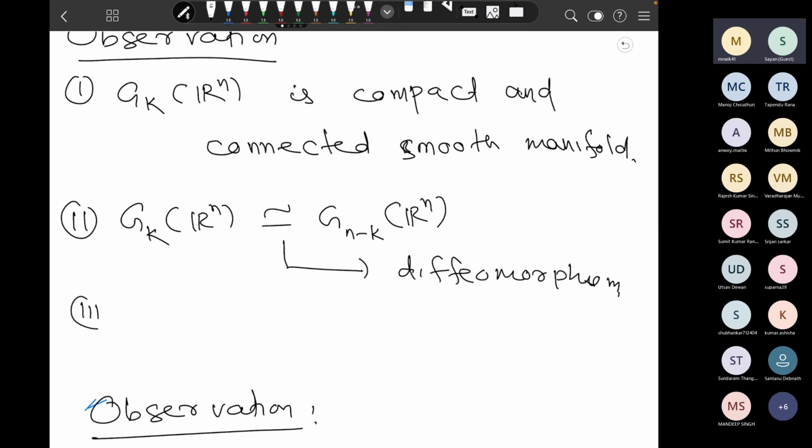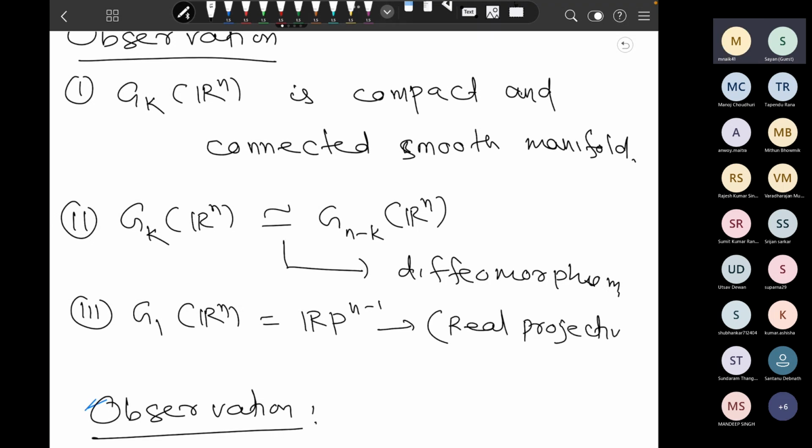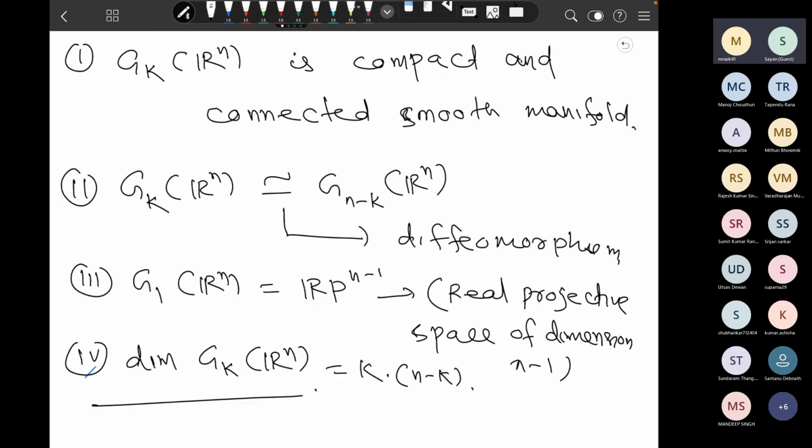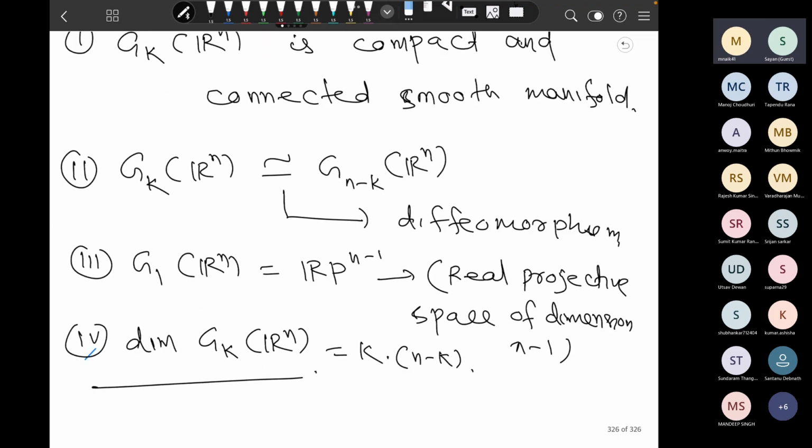The third thing is G_1(R^n), which is RP^{n-1}, the real projective space of dimension n minus 1. And the fourth thing is the dimension of G_k(R^n), which you can verify is k times (n minus k).